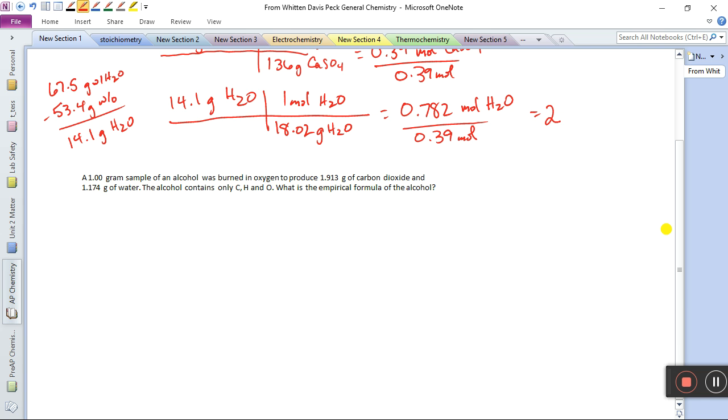So which elements are going to be easiest to calculate of our carbon, hydrogen, and oxygen? Hydrogen is one of them, yes. Hydrogen and carbon. Because we know, where does all of our carbon have to go?